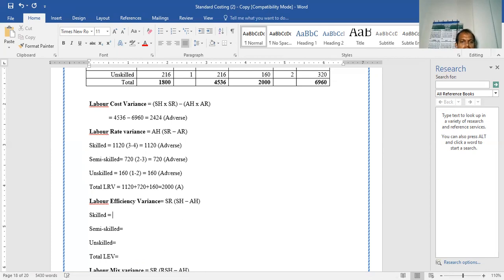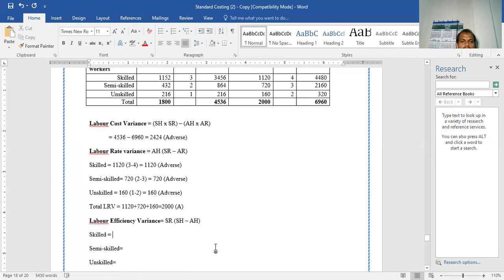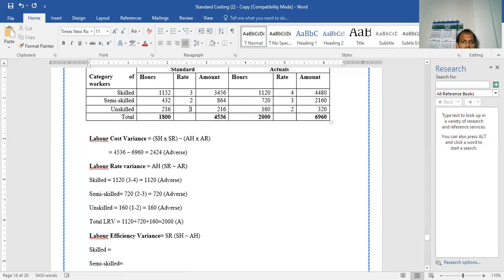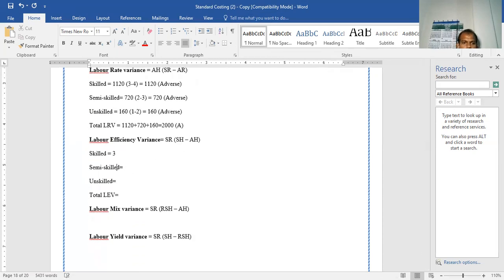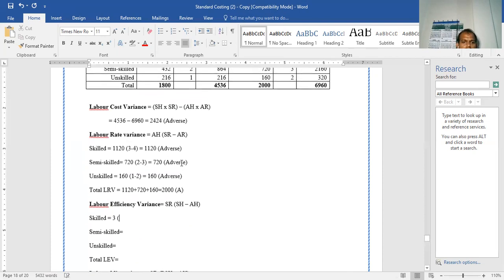Skilled labor standard rate is 3, 2, 1. Okay, we'll calculate one by one, no hurry.